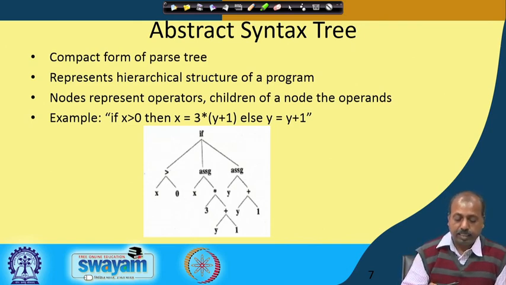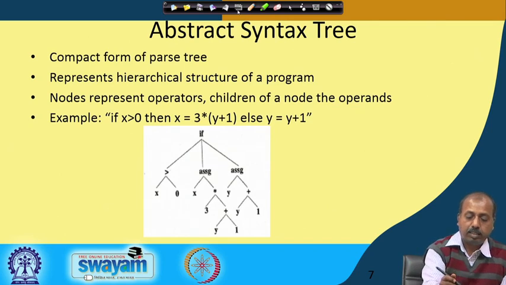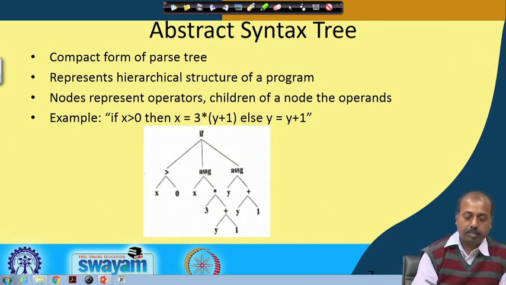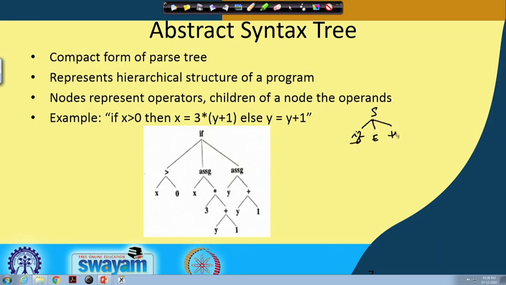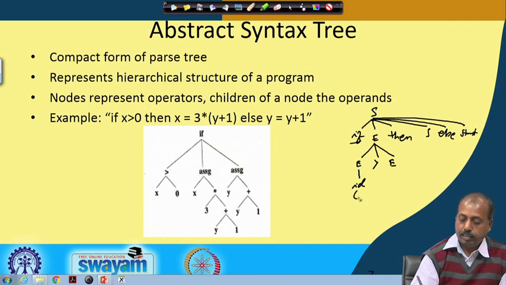So, we can say that the parse tree for this, depending on the programming language, will be some statement giving rise to if expression, then statement, and this else statement, and then this E giving rise to relational operator E greater than another E, and then this E giving rise to ID, and that is your x, and this E giving rise to number, that is the 0.